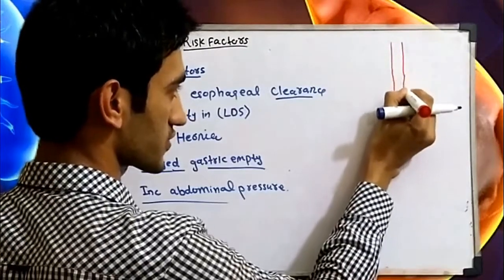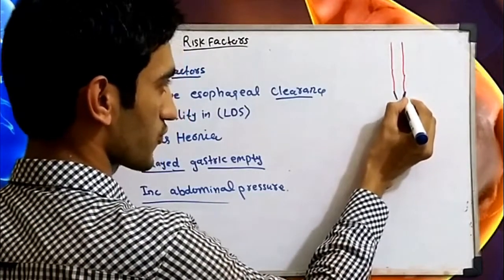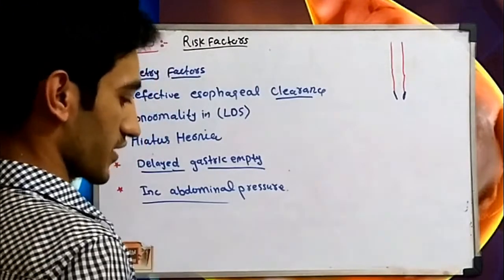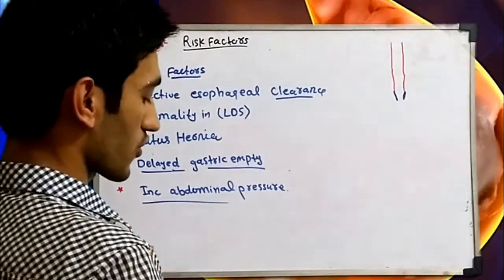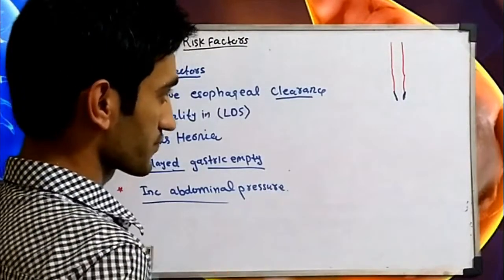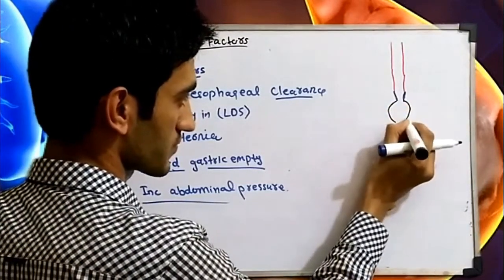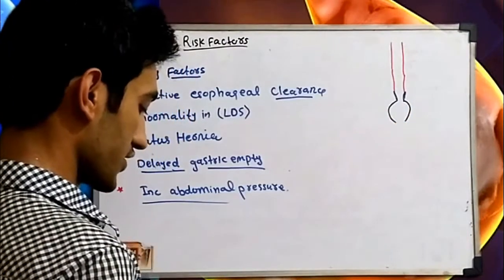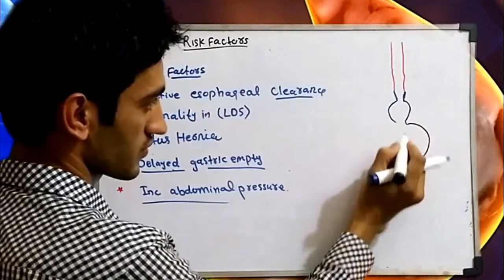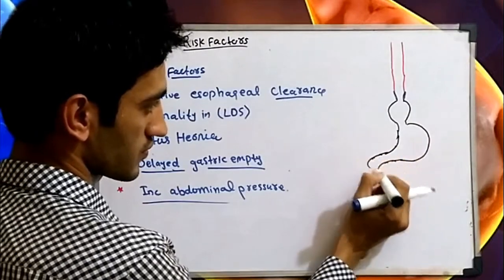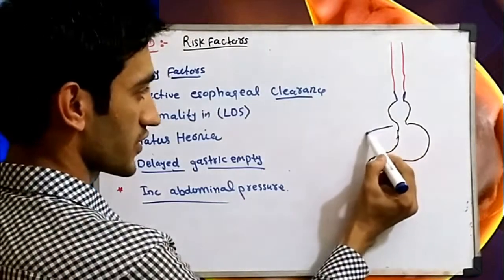Again, this is esophagus. At the junction of esophagus and stomach, there is the lower esophageal sphincter. And then I will draw hiatus hernia, and then the stomach and diaphragm.